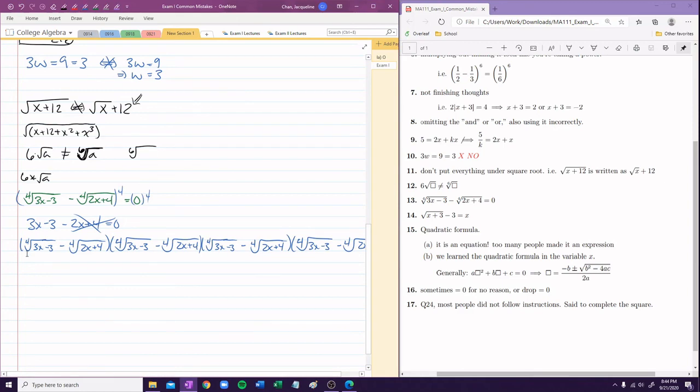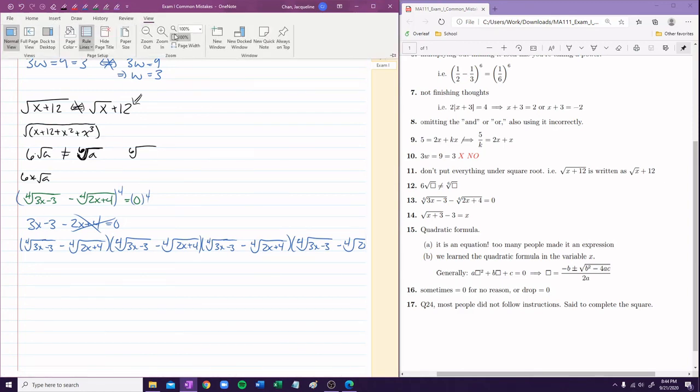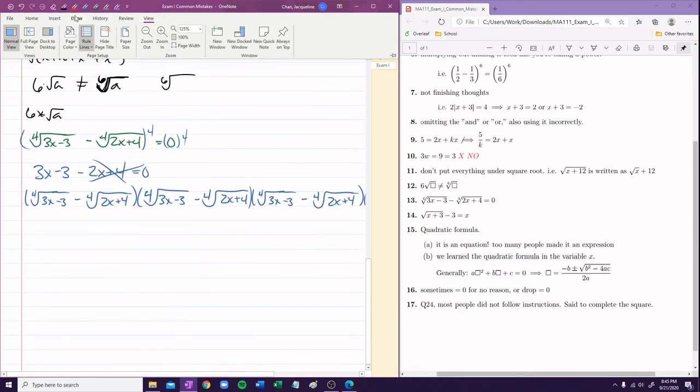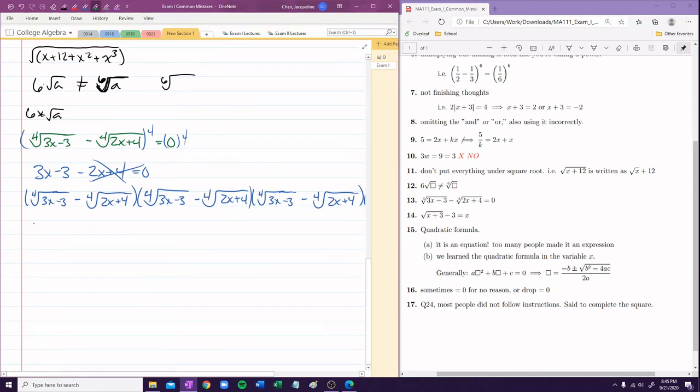Let me make this bigger real fast. If I wanted to do this problem, the fourth root of 3x minus 3 minus the fourth root of 2x plus 4 is equal to 0, what I want to do first is add the fourth root of 2x plus 4 to both sides.